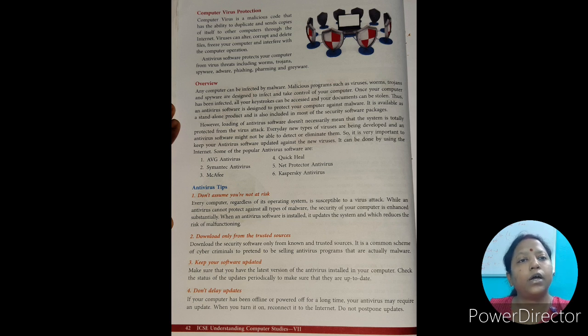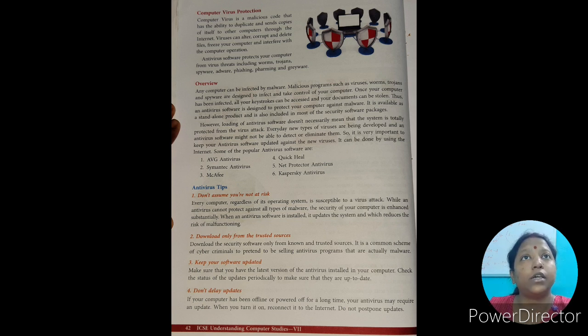Computer viruses are programs that contain some malicious codes. They also have the ability to replicate themselves and send the copies through the internet to other systems. When a virus enters any system, it starts deleting files, corrupting files, altering files. It may freeze your system.